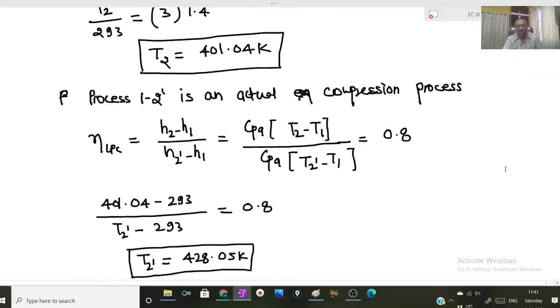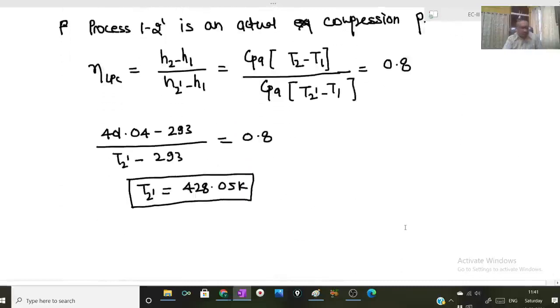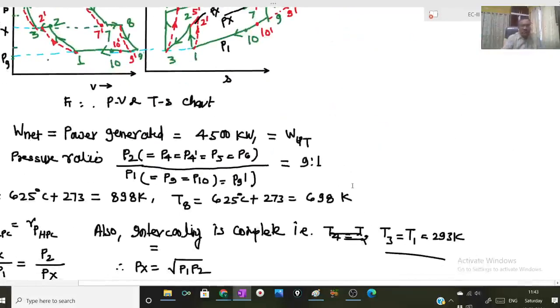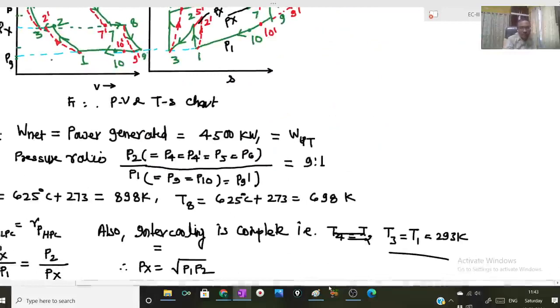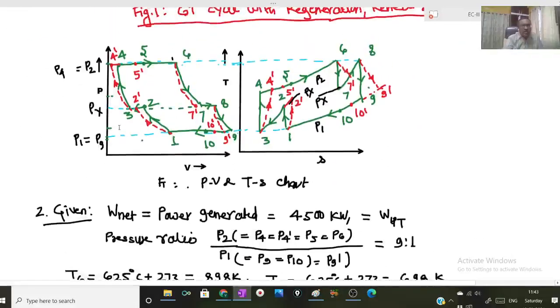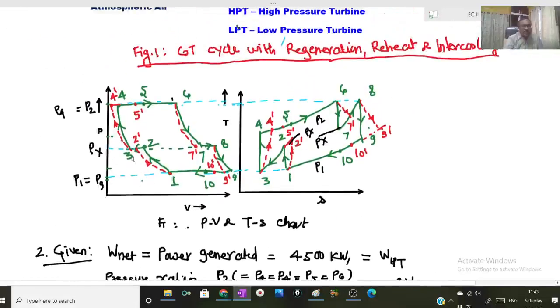Now once again, one thing I would like to convey to you. See, intercooling is complete, means T3 is equal to T1, and the problem is also saying pressure ratios are same in both the compression stages.